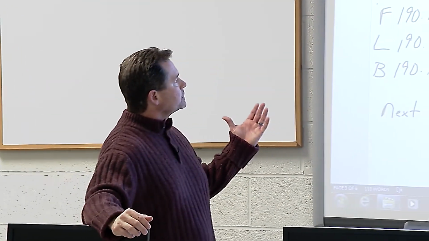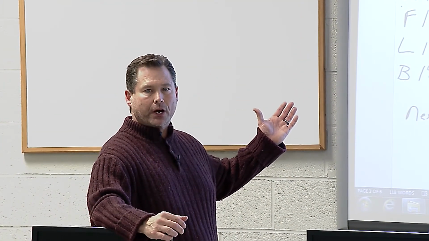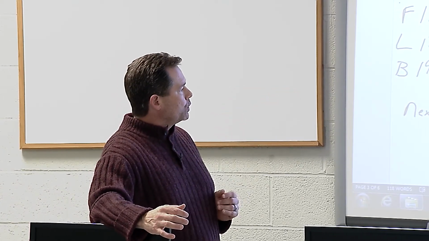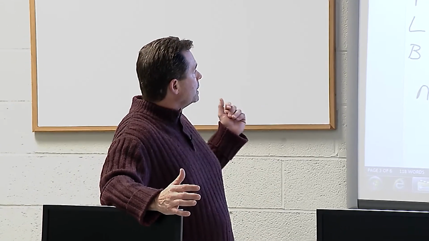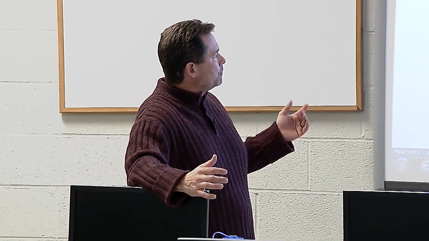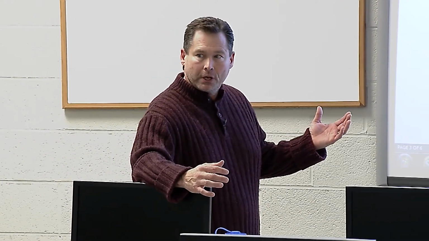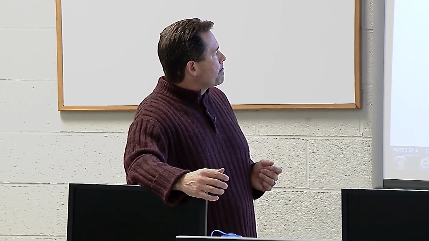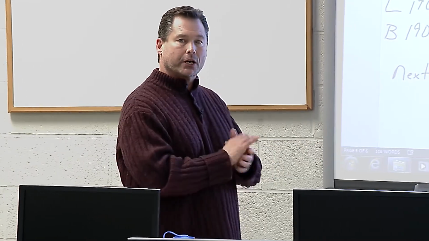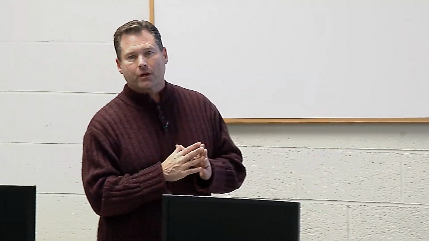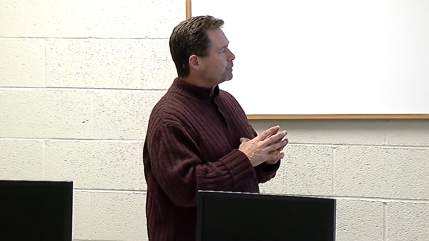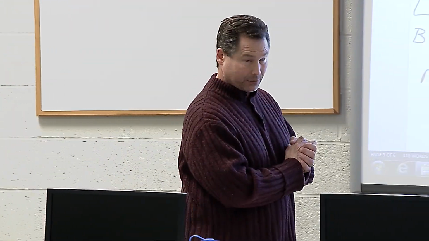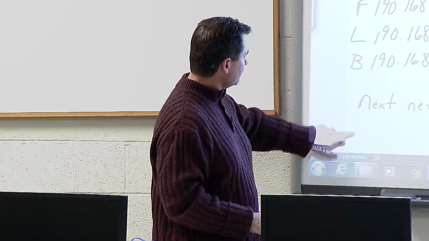So we have just subnetted out these various departments. We have efficiently used the number of hosts and captured the number of hosts that we need for these departments. We've got a little bit of room to scale up if we need to. But again, our purpose as network administrators is to simply be as efficient as possible, to use the address space as efficiently as possible.